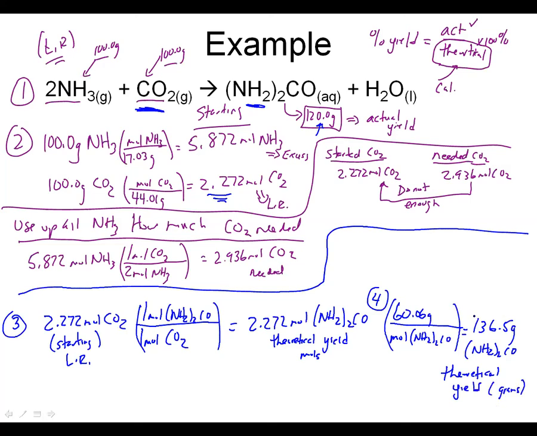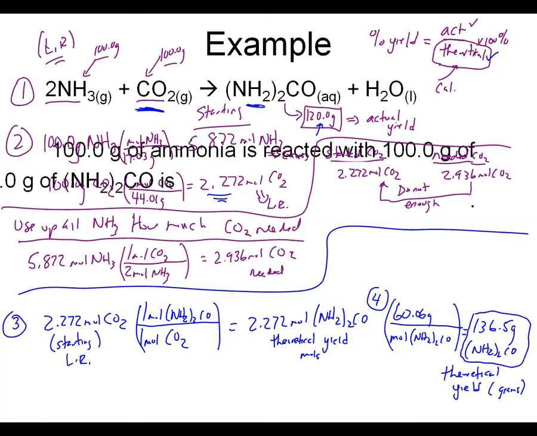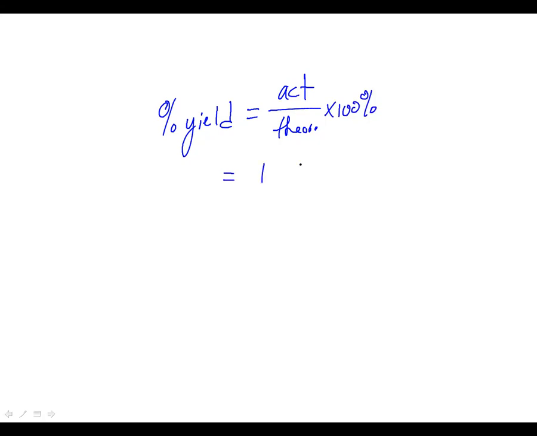So this number is the bottom part to what we need. To calculate our percent yield, we're going to take our actual, which was given to us, divided by the theoretical, which we just calculated, times 100%. So actual was 120 grams.